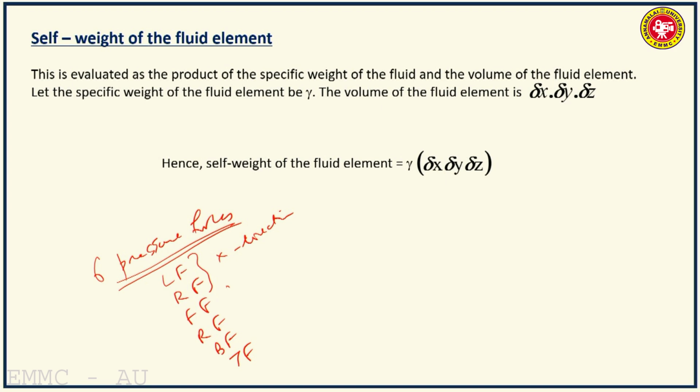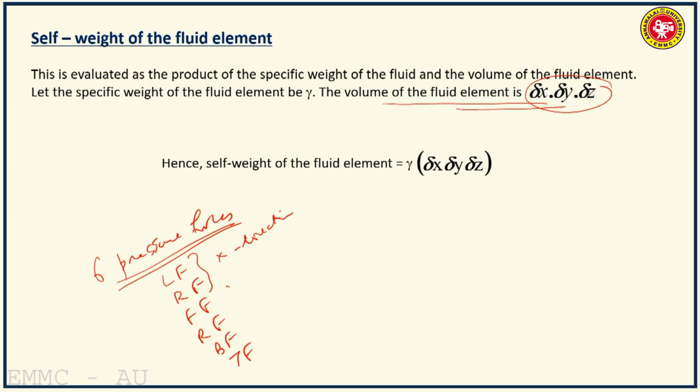Now the 7th force is the self weight of the fluid element. So what is the weight of the fluid element? We know that the volume of the fluid element is the product of the 3 dimensions: delta X is the length along the X axis, delta Y is the length along the Y axis, and delta Z is the length along the Z axis.